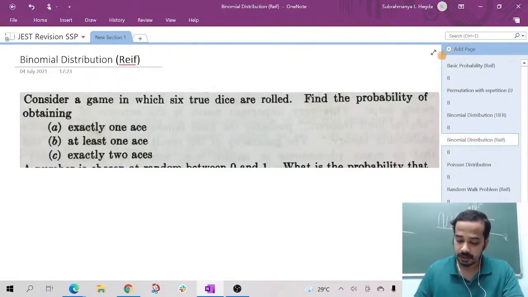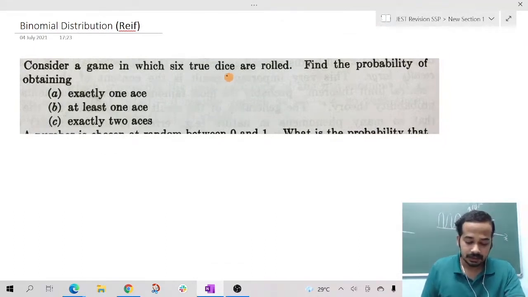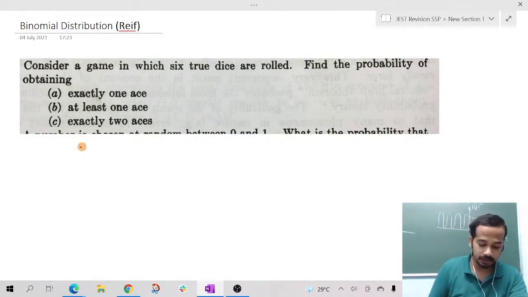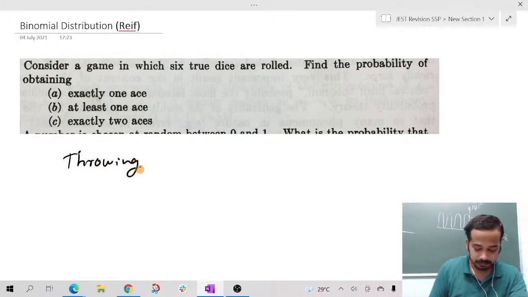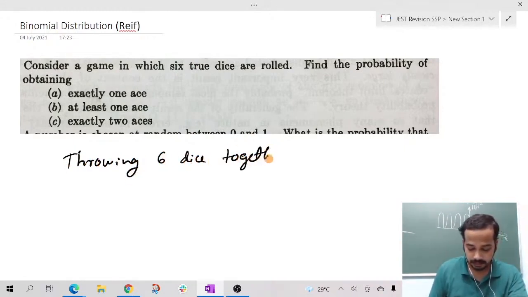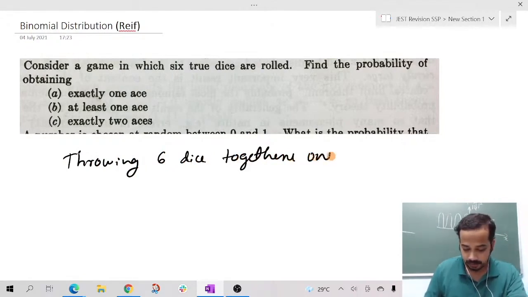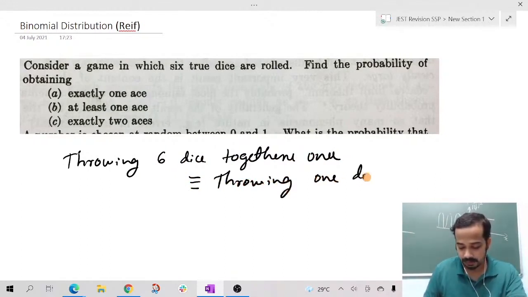So now look at here. Since I'm throwing 6 dice together, let me make one statement. Just observe that one. Throwing 6 dice together once is equivalent to throwing one dice 6 times.